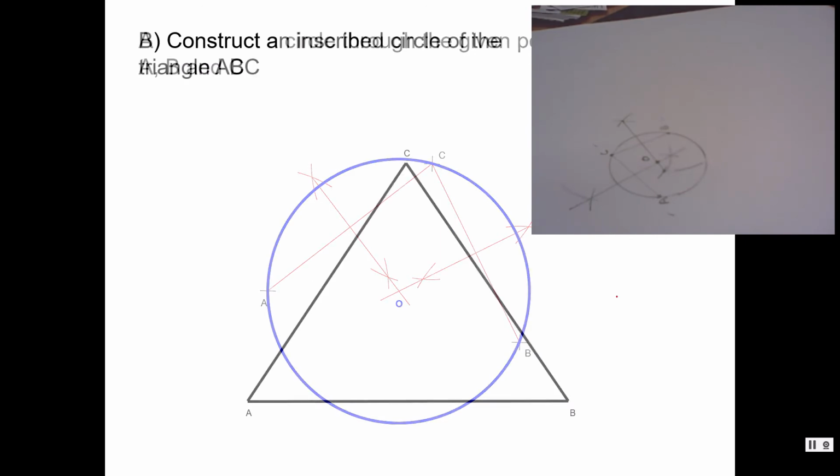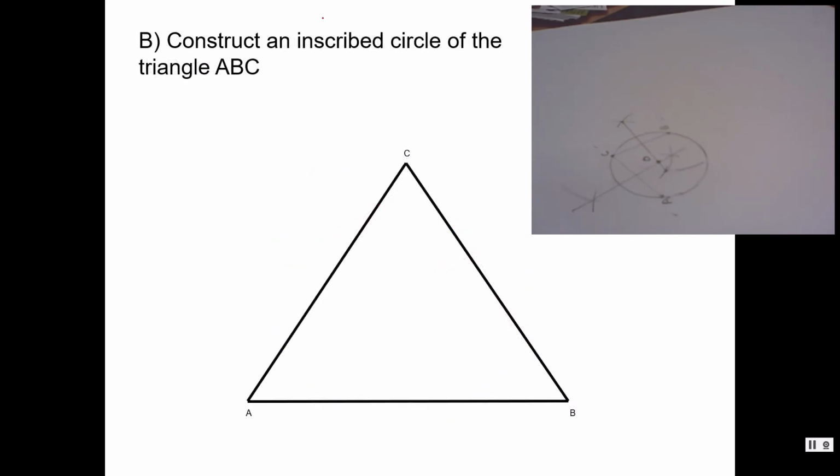In activity 3, construct an inscribed circle of the triangle. So we want to draw a circle that's going to touch these three sides of the triangle.